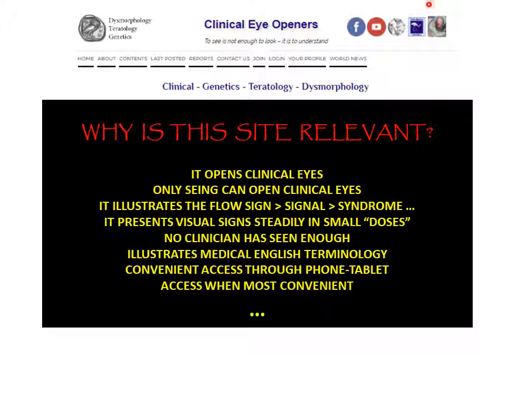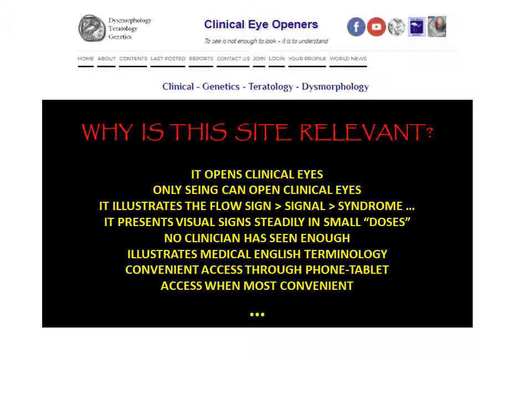And nobody ever has seen enough. There is nobody, no clinician that has seen enough. We all can see more and more. So the only way to increase your clinical eye opening is to see more.